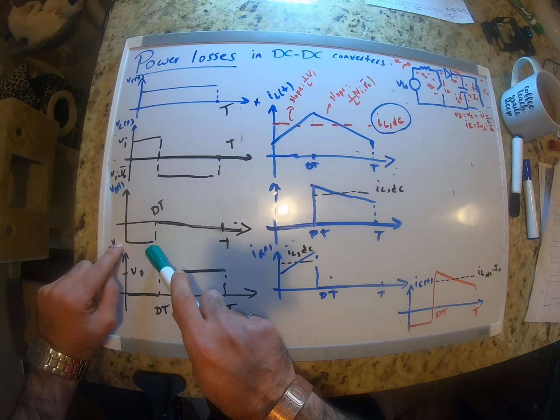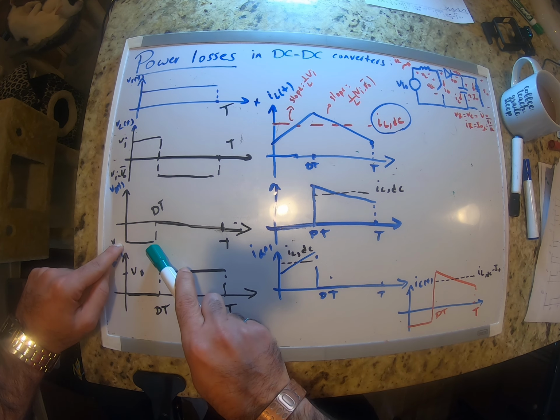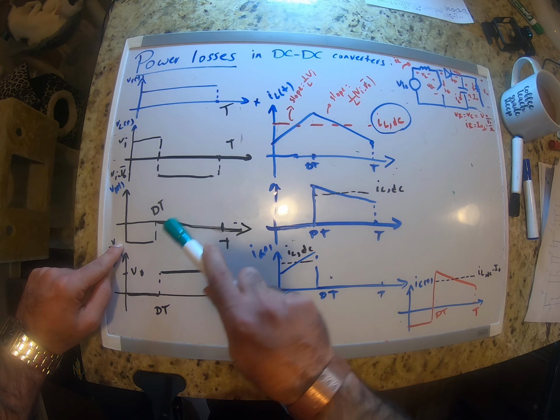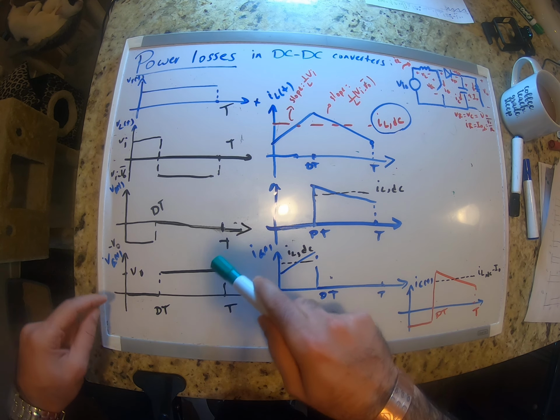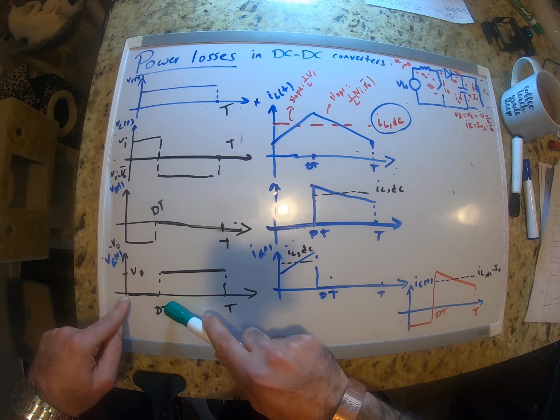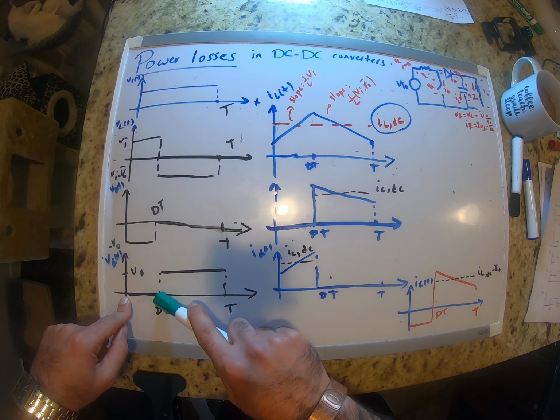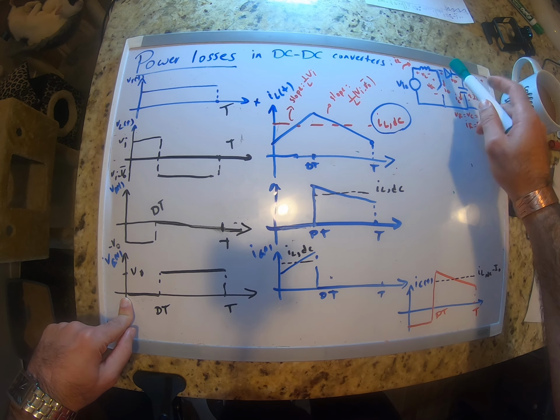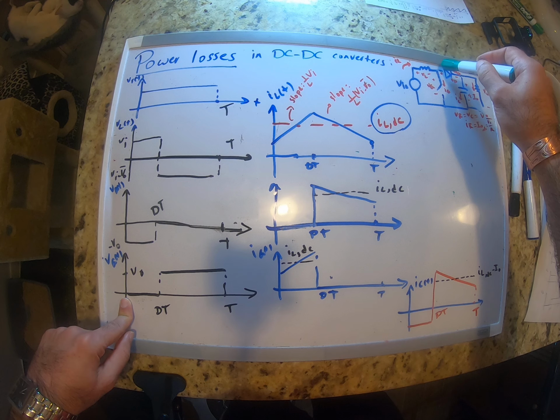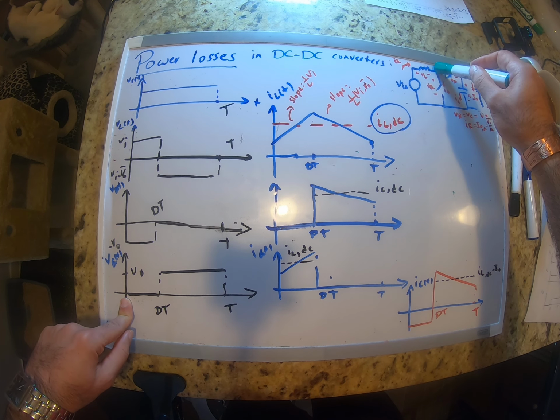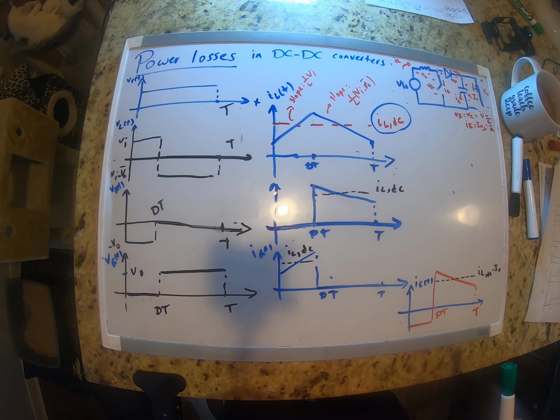So the voltage across the diode is going to be negative VO. That's why it's off. And when it's conducting, it's going to be 0. The opposite for the switch: when it's conducting, this is going to be 0. And when it's open, at this point we have 0, but at this point we have VO. So we have VO across the switch.